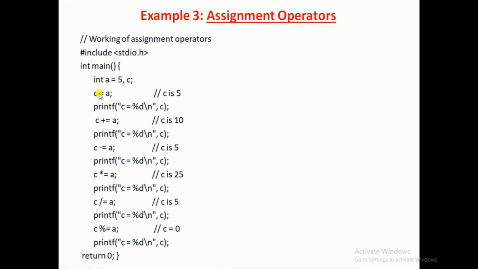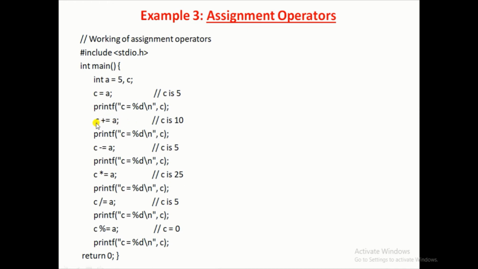In the next case we use plus, minus, multiplication, division and modulo. At first we have the value of c equals 5, and next we do the addition operation. So c equals c plus a, and the value changes to c equals 10, because c was already assigned 5 and it is added with a to get 10.